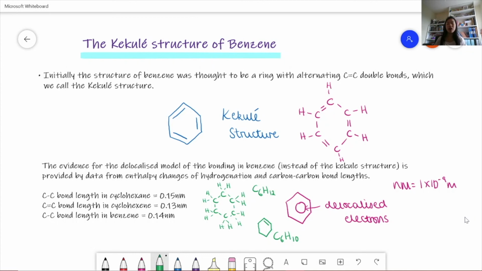But when we look at the carbon-carbon bond length in benzene, so we're now looking at the delocalized model of benzene, we have that the carbon-carbon bond length is 0.14 nanometers. So we can see that this is between a carbon-carbon single bond length in cyclohexane and a carbon-carbon double bond length in cyclohexene. And so this supports the idea that we've got this delocalized model.